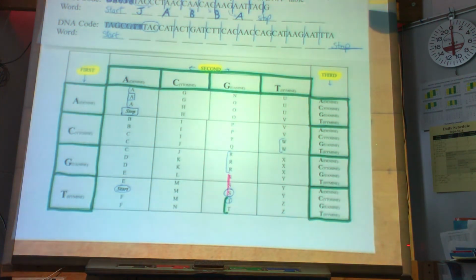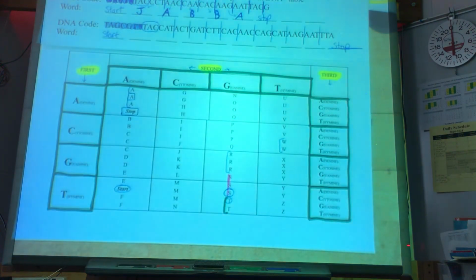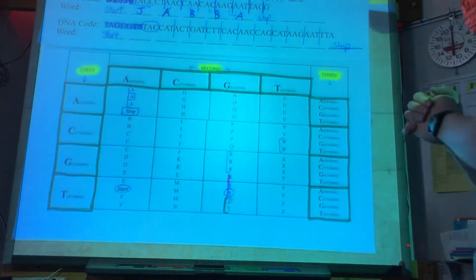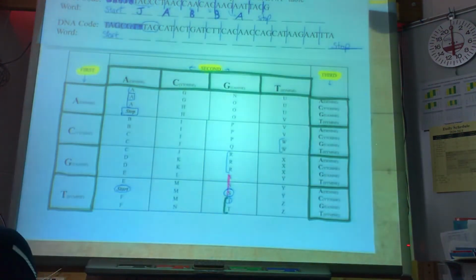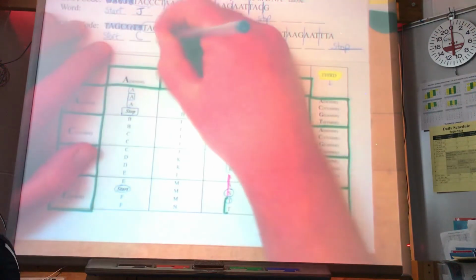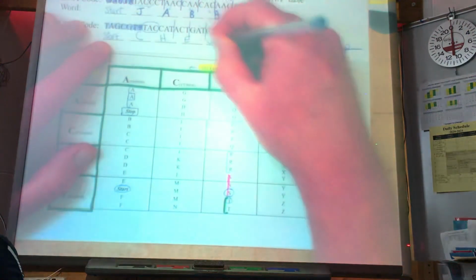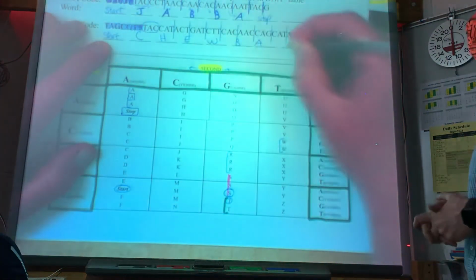All right, so Star Wars fans, what does this spell? How about Chewbacca. This is going to spell Chewbacca. Our DNA sequence codes for the letters of Chewbacca. So we go through and we spell Chewbacca, we keep going.